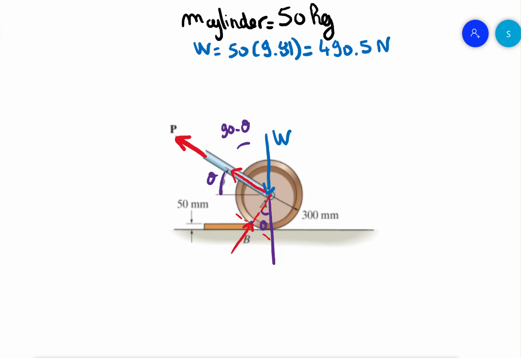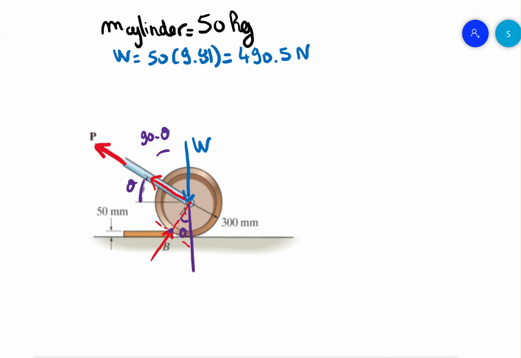So if we do the moment about B, let's try this. Sum of the moment about B equals 0. We have the force P that tends to rotate in the positive direction. So we have P times the distance, that's the radius, so perpendicular, times 0.3 meter, right?